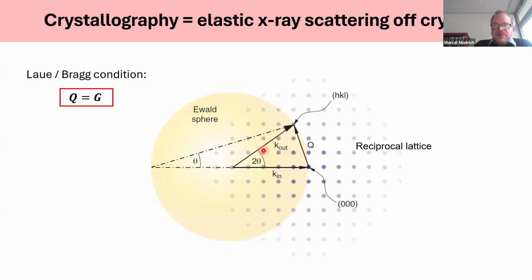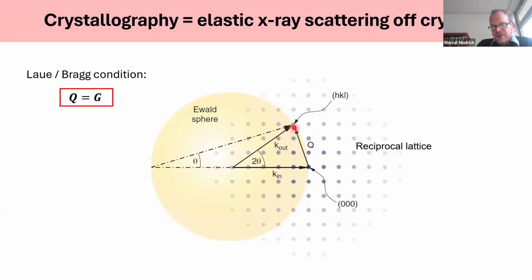Then, if we tilt k out to all possible angles, only when k out points exactly onto another site in reciprocal space, such that Q, the difference vector, is equal to some lattice vector, is the Laue condition fulfilled.